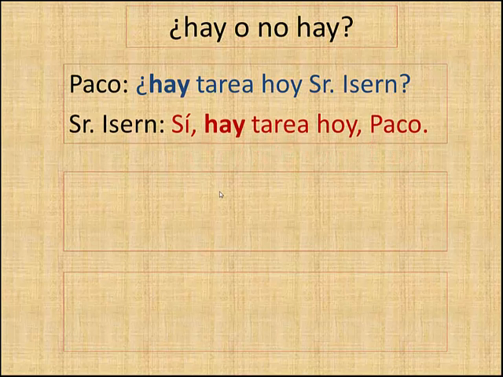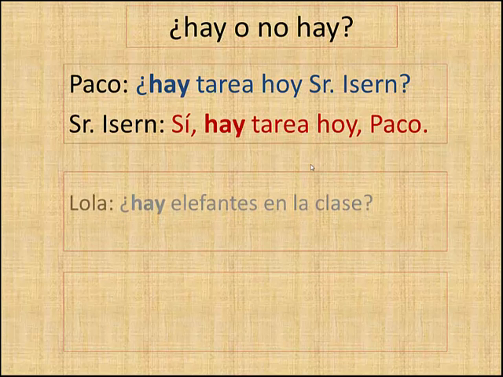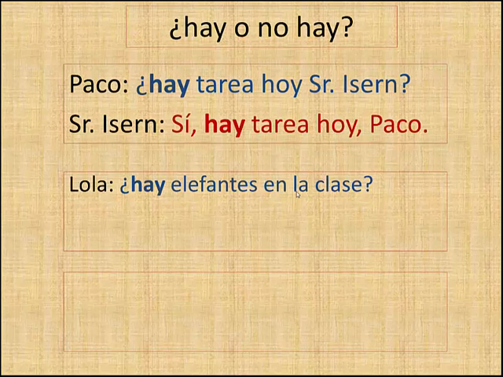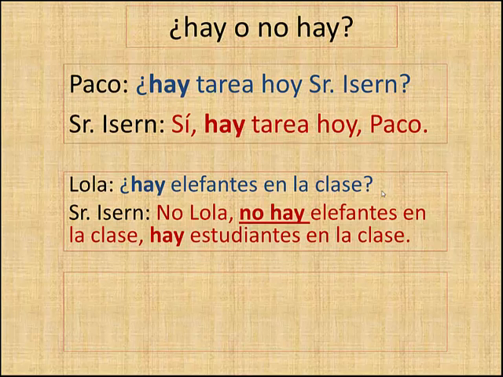And Señor Isern says, sí, hay tarea hoy, Paco. Yes, there is homework today, Paco. And then Lola says, ¿hay elefantes en la clase? It's a little crazy. El señor Isern says, no, Lola. No hay elefantes en la clase. Okay? There aren't elephants in class.